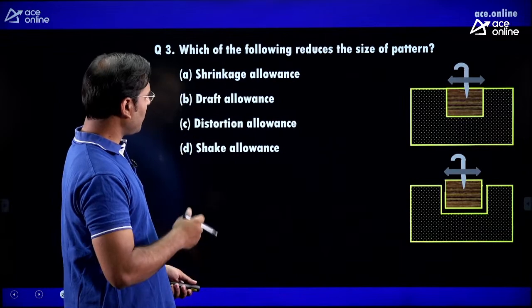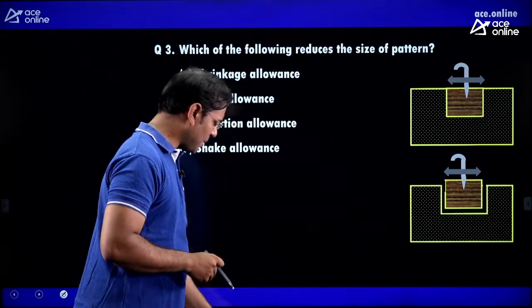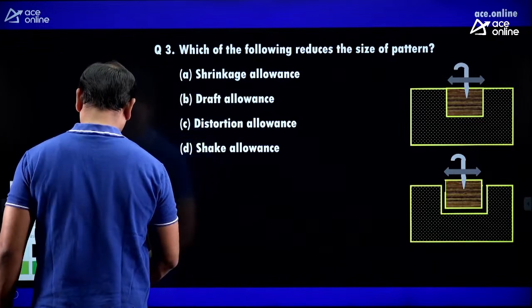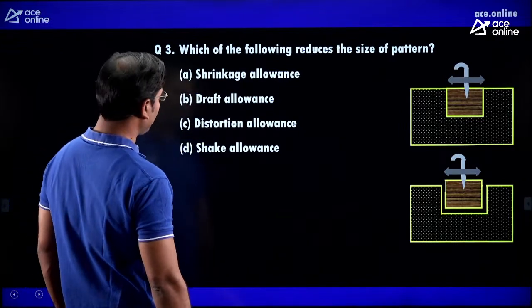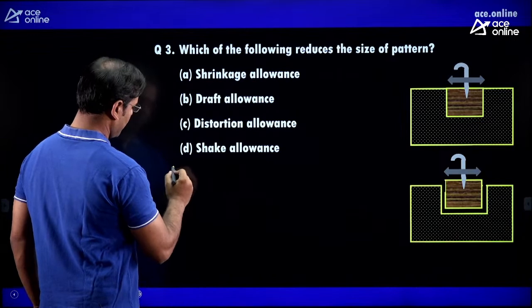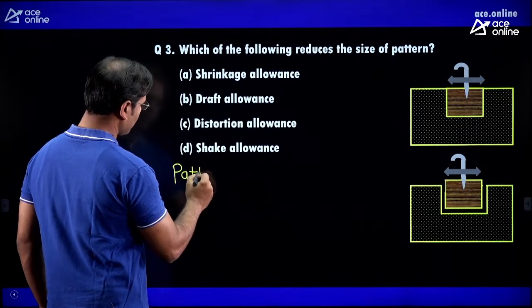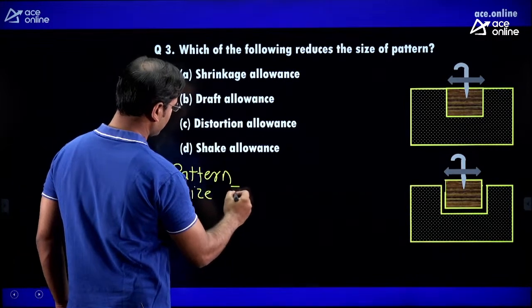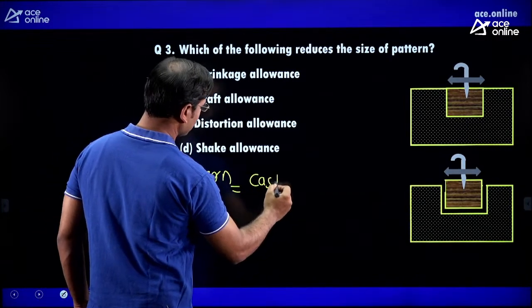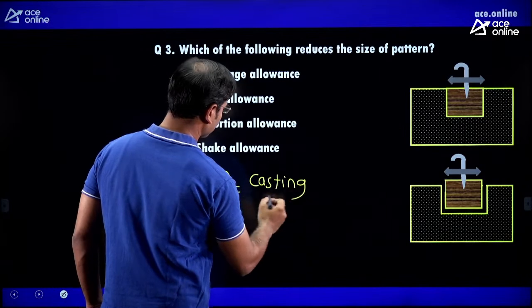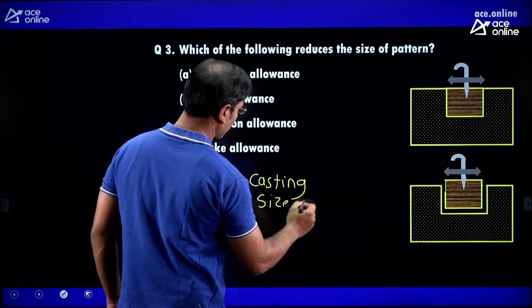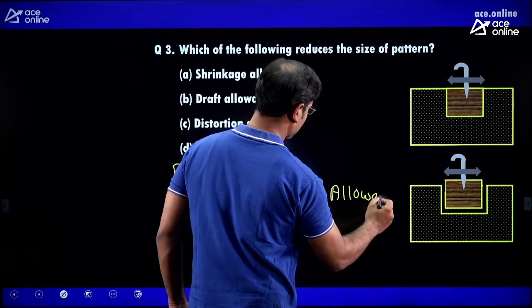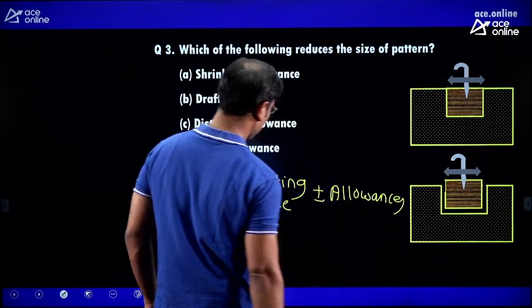Which of the following reduces the size of the pattern? Now there is one very famous formula about the pattern size. Pattern size is equal to casting size plus or minus allowances.